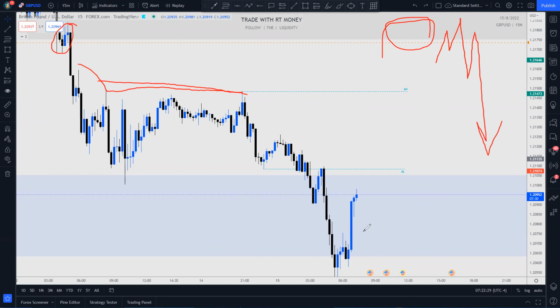There's a lot of time between now and then. I'm hoping that we get this pullback, so we can go on up here and get this sell setup.